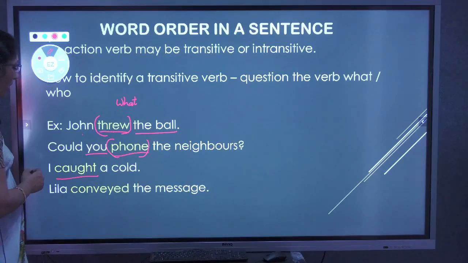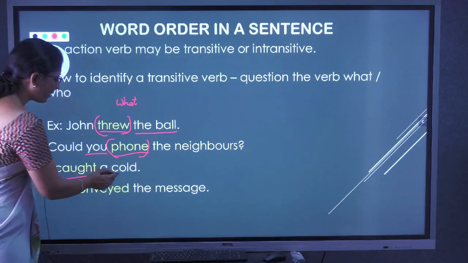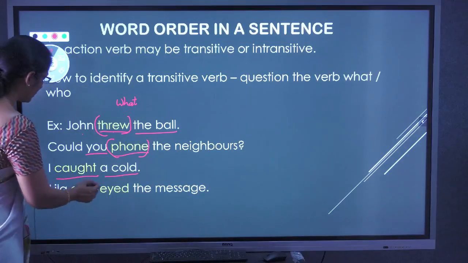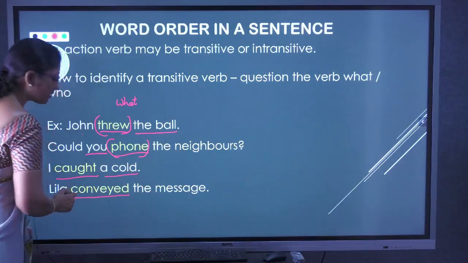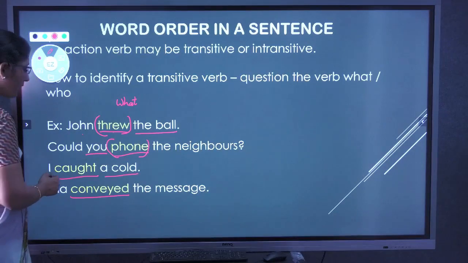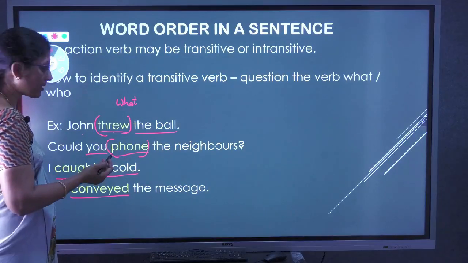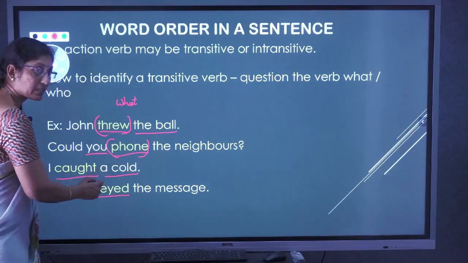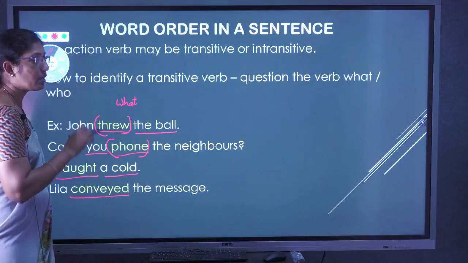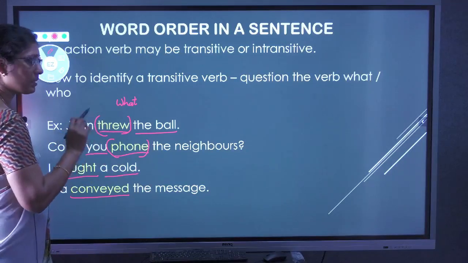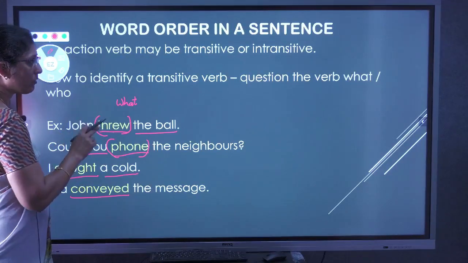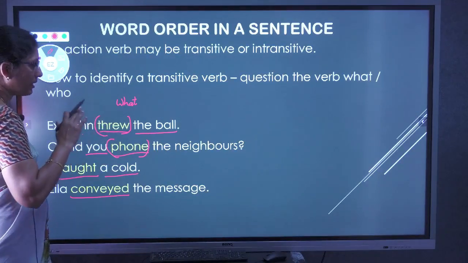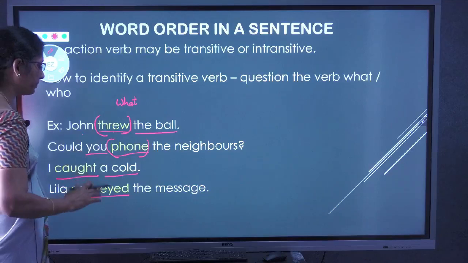Who caught it? You will get an answer. Okay? So this is also a transitive verb. Next one. Leela conveyed the message. What did Leela convey? Who conveyed the message? Now you got the answer. So these are all transitive verbs. Just ask a question, if you get an answer, then it is a transitive verb. Every transitive verb must have an object. Then only it is communicating properly.